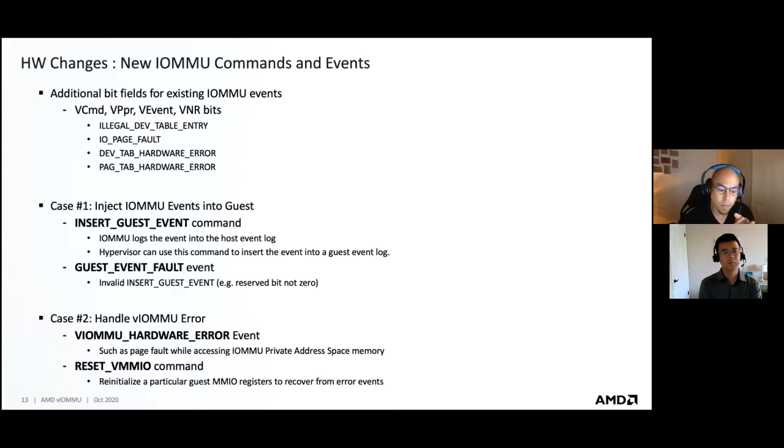In this case, when we have the guest IOMMU, the errors inside the guest will actually be logged in the host IOMMU. In order to identify that the event belongs to the guest, we're introducing bit fields for the existing IOMMU events, and they are listed here.